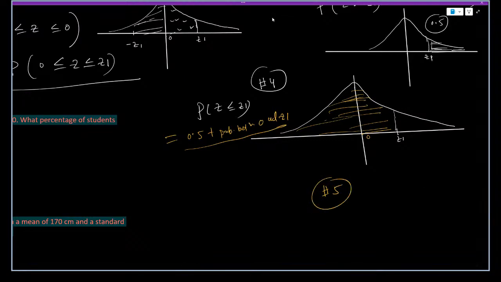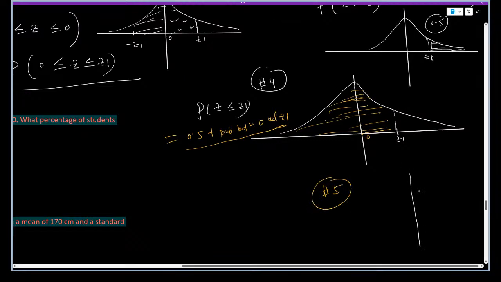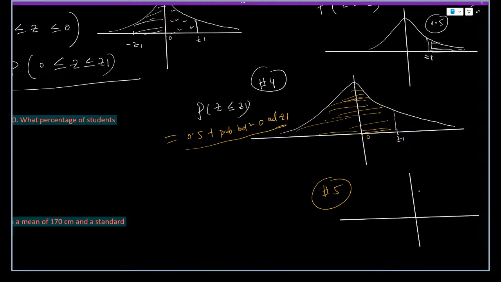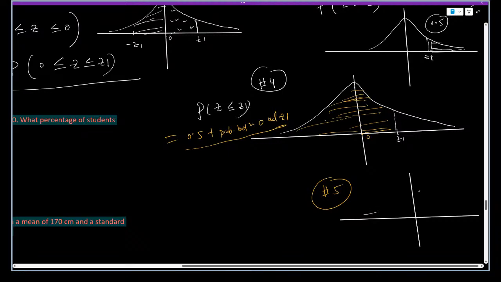Number 5, I am writing here. Suppose you are going to find P(Z ≤ Z1) where Z1 is less than 0, so Z1 lies here.